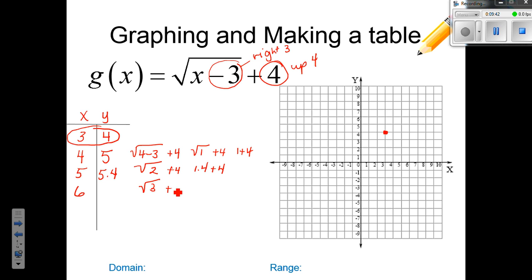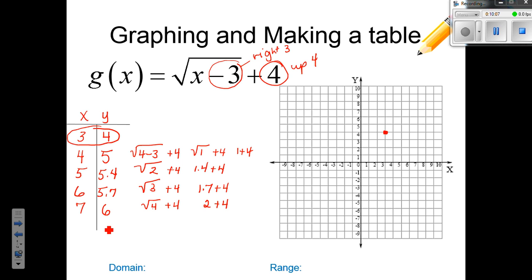The square root of 3 is 1.7. 1.7 plus 4 is roughly 5.7. I'm going to do one more. I'm going to go ahead and plug in 7. 7 minus 3 is 4. I'm going to take the square root of 4, which is 2, and 2 plus 4 is 6.